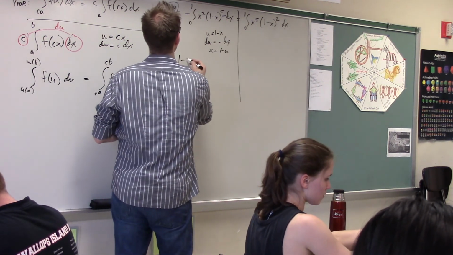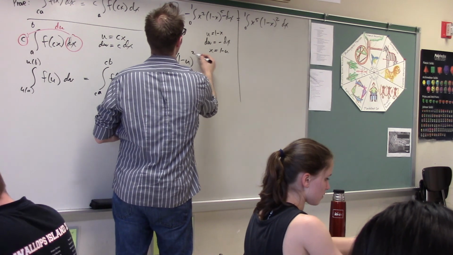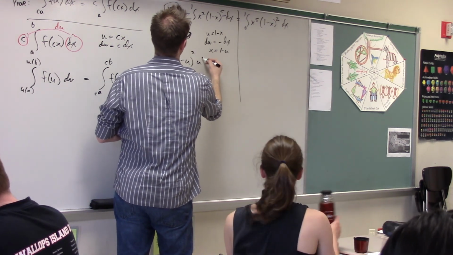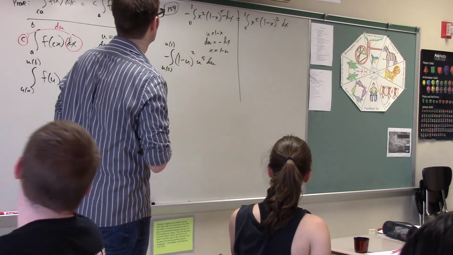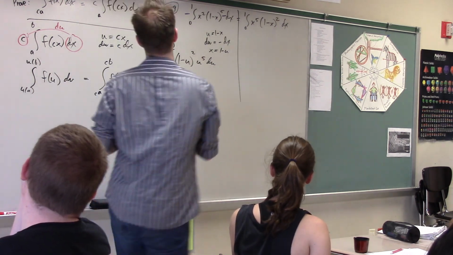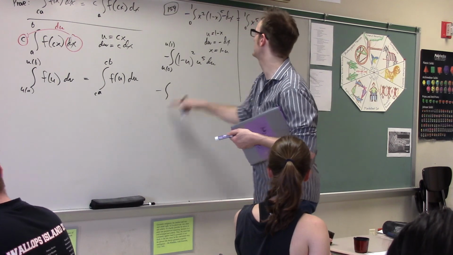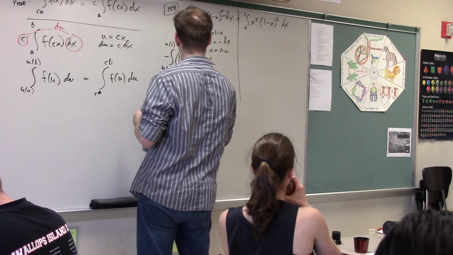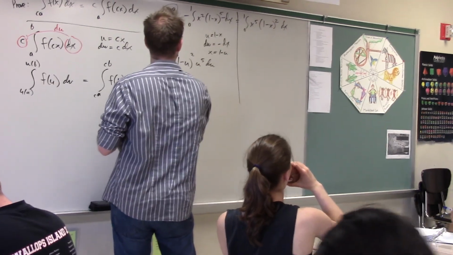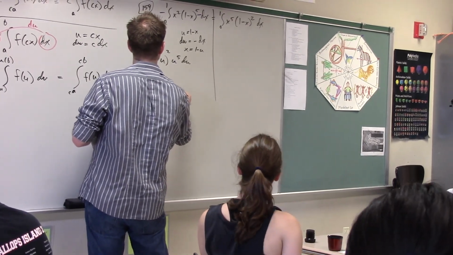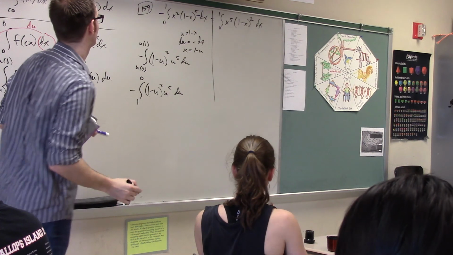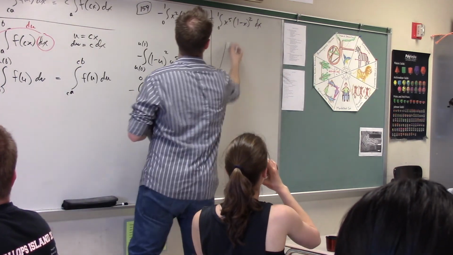So this is 1 minus u squared, u to the 5th du. And finishing this off, because what is u of 0? U of 0 is 1, and u of 1 is 0. So you flip it, and then you are exactly here.